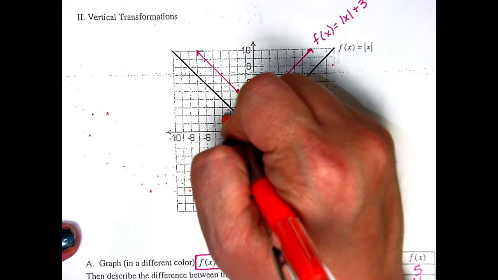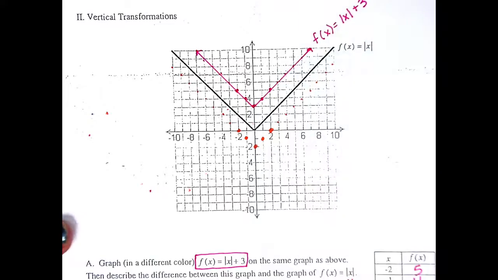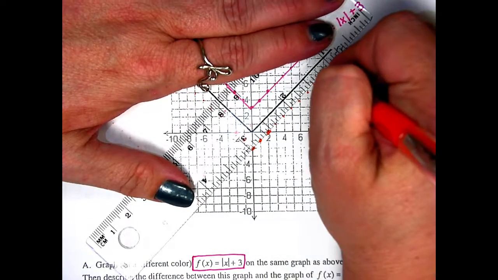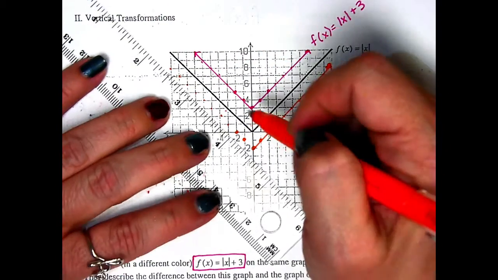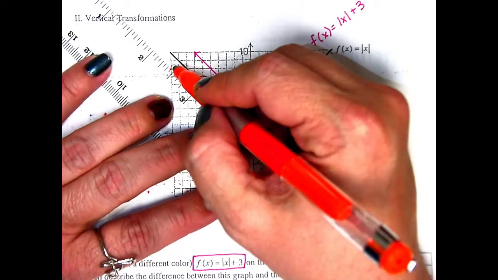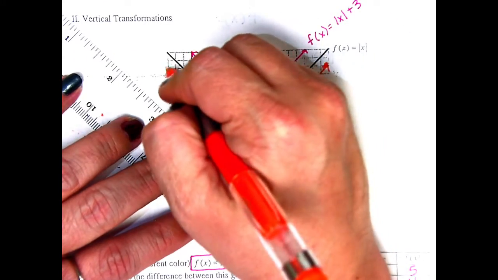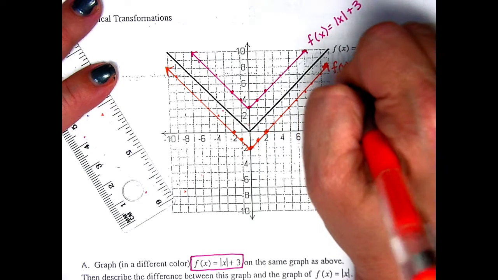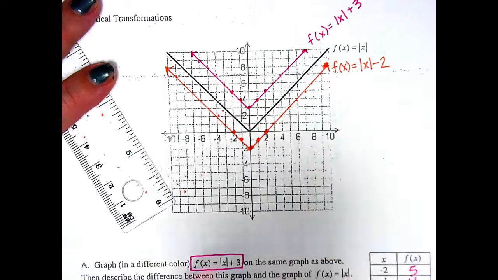And you don't have to make your graphs extend to the end. That is just my OCD habit. Okay, and this is f of x equals the absolute value of x minus 2.